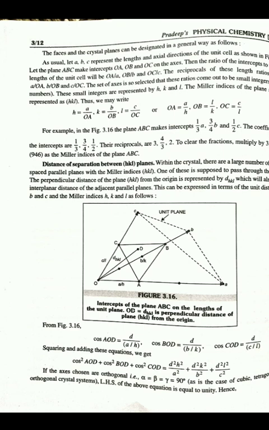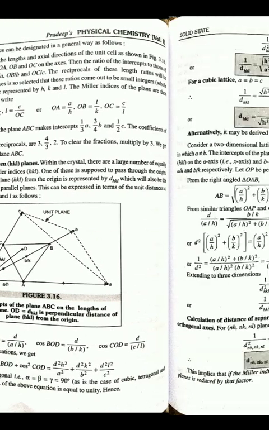If the axes chosen are orthogonal, that is alpha = beta = gamma = 90 degrees, as is the case of cubic, tetragonal and orthorhombic crystal systems, the left hand side of the above equation is equal to unity. Hence, 1/d²_hkl = h²/a² + k²/b² + l²/c². Hence, 1/d_hkl = root of (h²/a² + k²/b² + l²/c²).